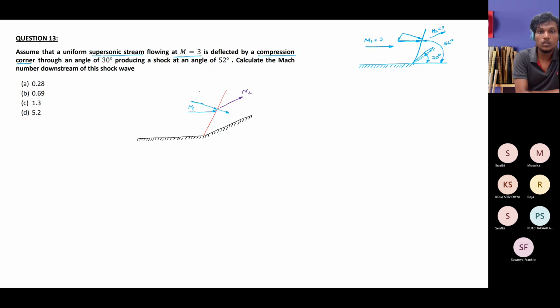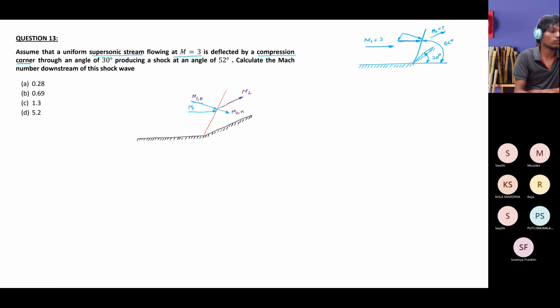But what we need to do is transform this M1 into the component normal to this oblique shock wave, that I can say M1 component N, and M2 component N. This component N is normal to the oblique shock wave.